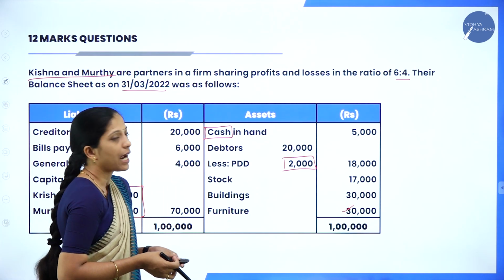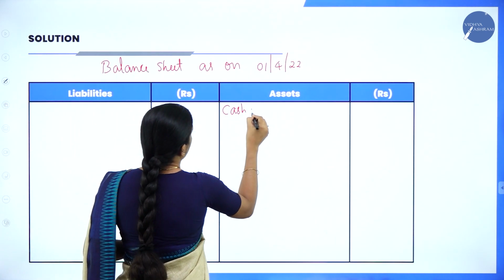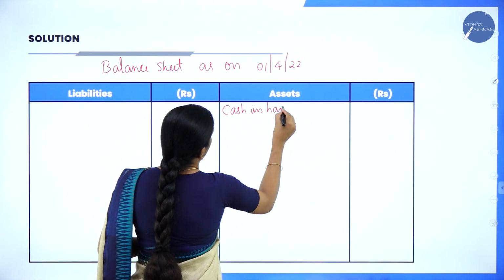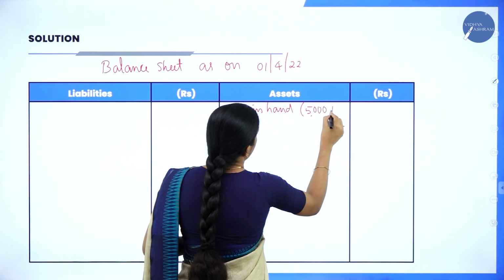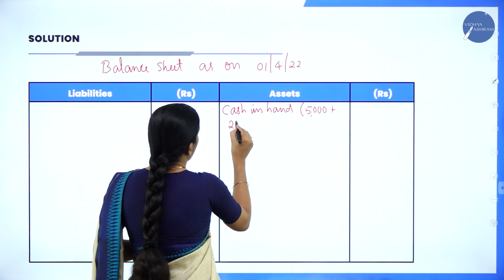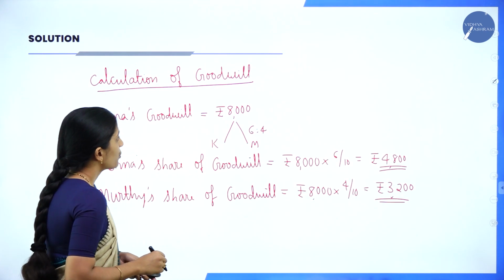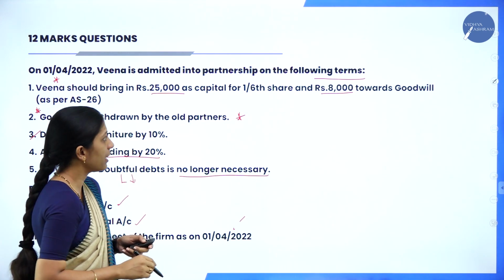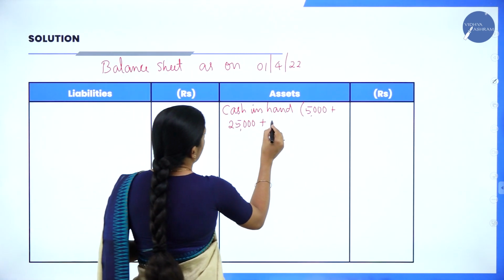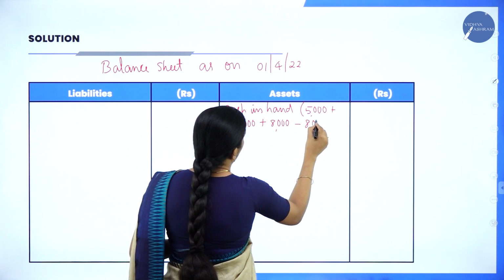So we have cash in hand 5,000. So how do you treat cash in hand? Cash in hand, they have given us 5,000 plus capital. Capital brought is 25,000 plus goodwill. So let us see how much capital brought by the new partner, 25,000 and goodwill 8,000. So plus capital plus goodwill minus goodwill withdrawn by the old partners.